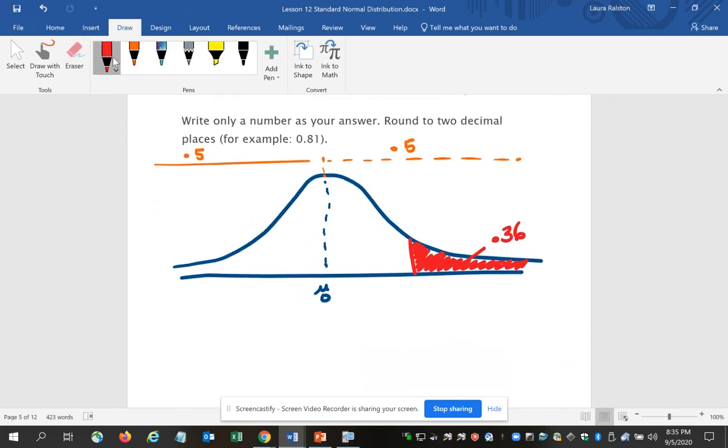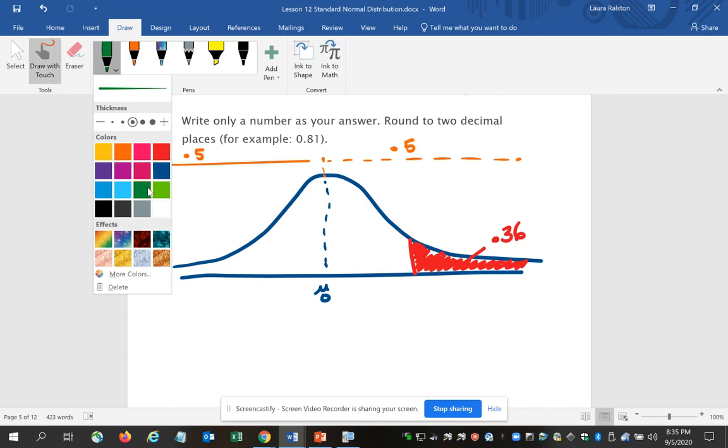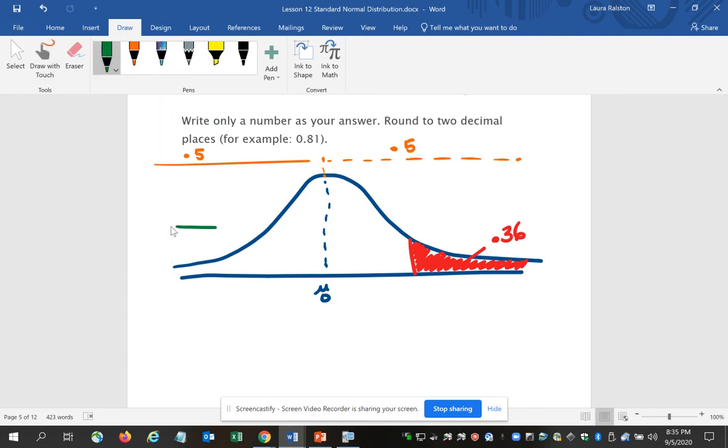Okay, but again, because that gives us the area to the right, you need the area to the left. And so I can do 1 minus 0.36, which is 0.64.